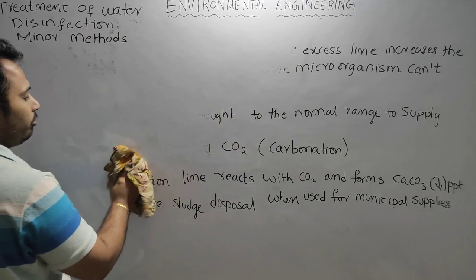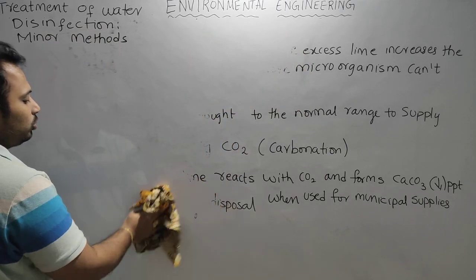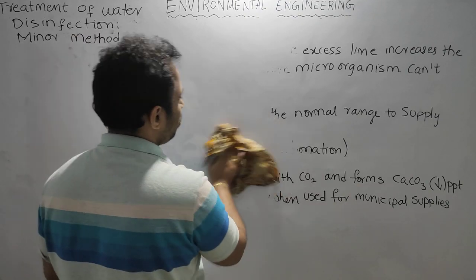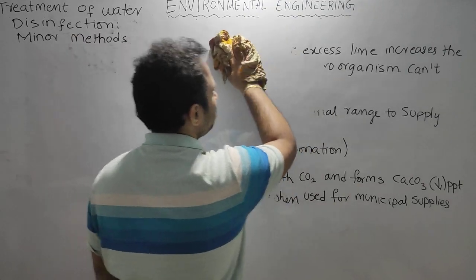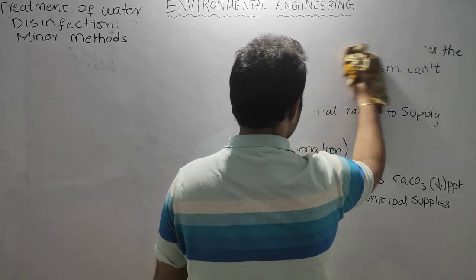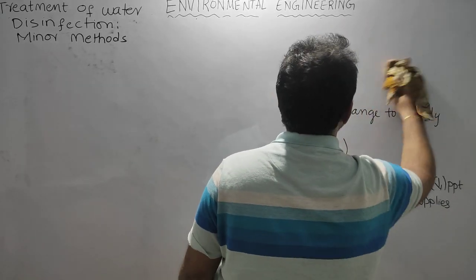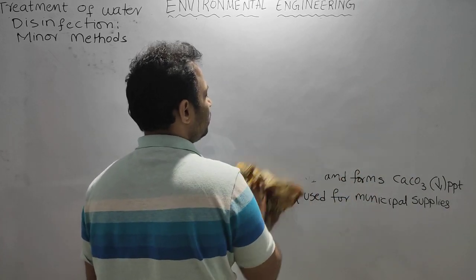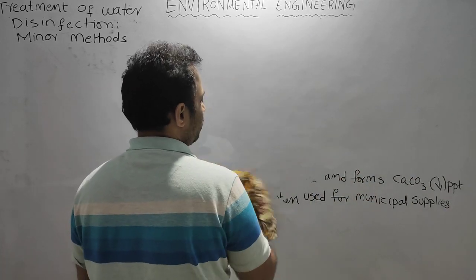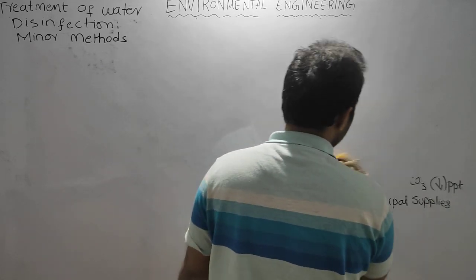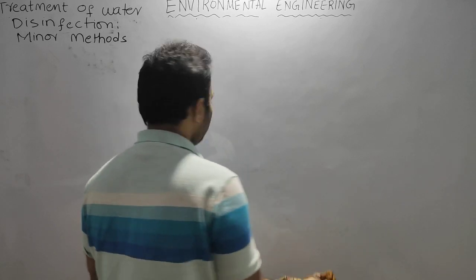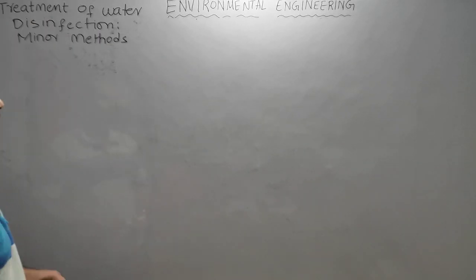We call them surfactants, like soap water, hand wash, sanitizer, phenol based sanitizers, alcohol based sanitizers. All those things are surfactants. But when you add this surfactant to water, it deteriorates the quality of water.